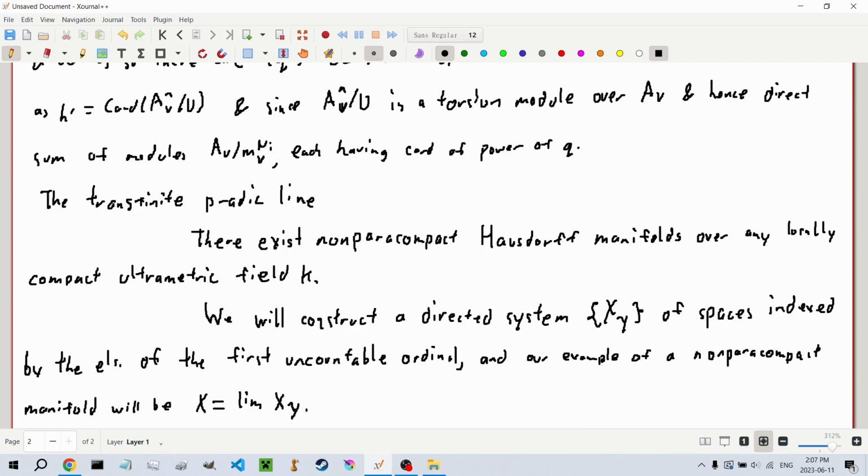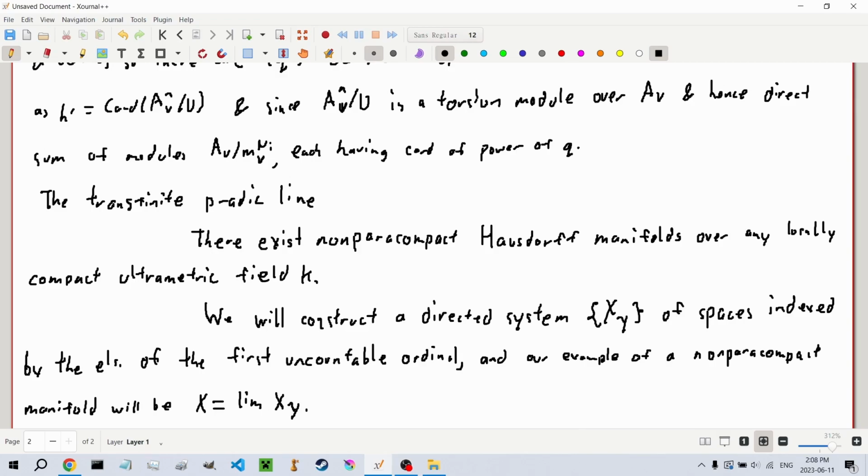So, and I guess I should make a quick side note just in case you haven't seen it. There's this thing about the transfinite numbers, the uncountable ordinal.